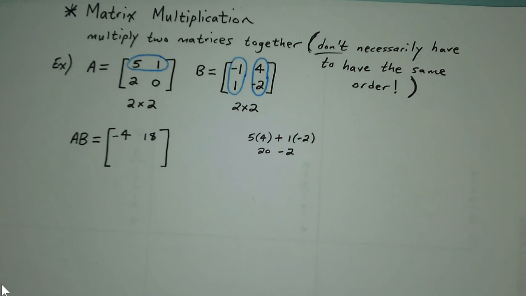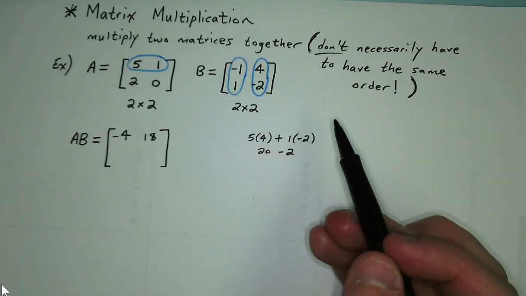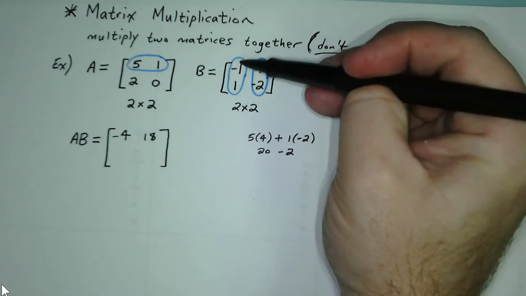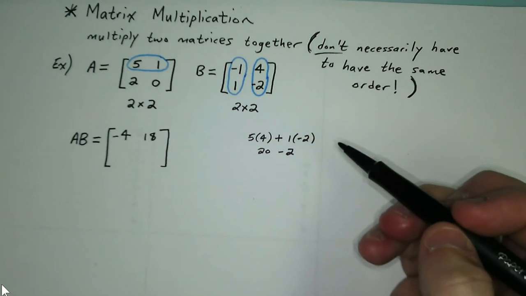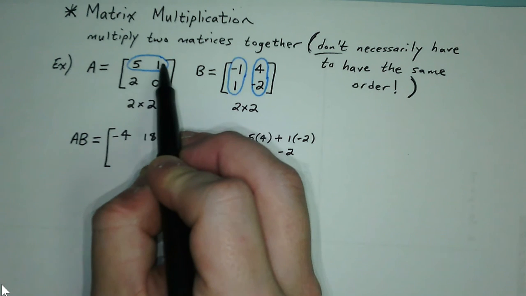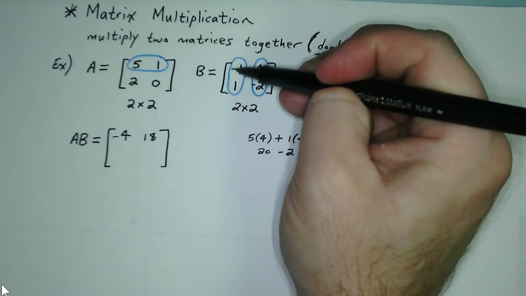Okay? Now let me pause for a second to point out that if we're doing rows times columns, the rows of this matrix times the columns of this matrix, that means there's got to be the same number of elements in these rows as there are in the columns.